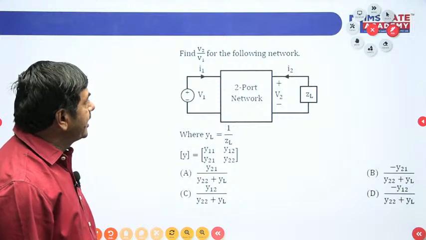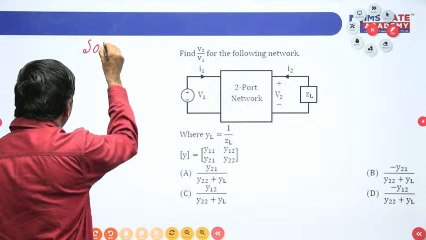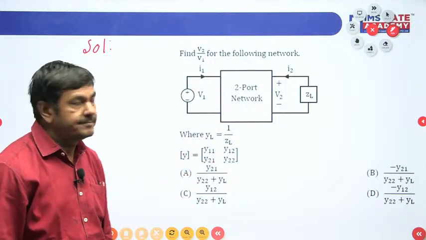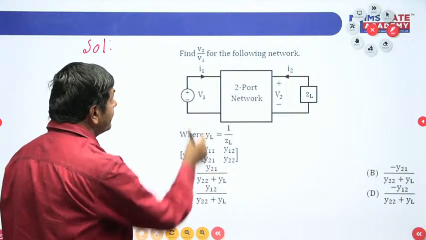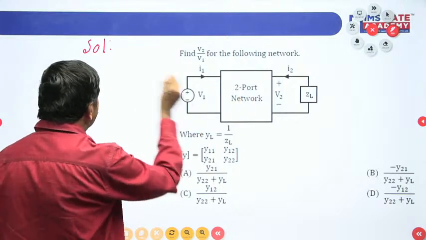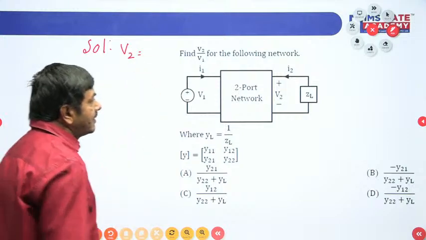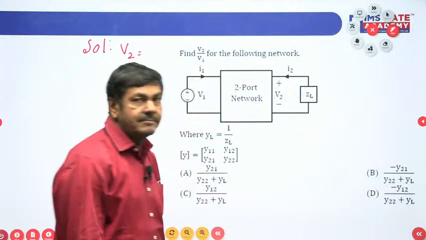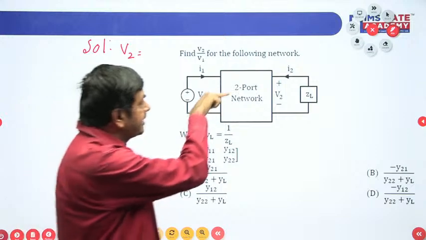But in this particular problem, what I want to do here is first find V2, because my aim is to find V2 by V1. How to get V2 by V1? V2 equals, I wish to note down here now. The load has to receive the current. With respect to the load, the current direction must be this side.